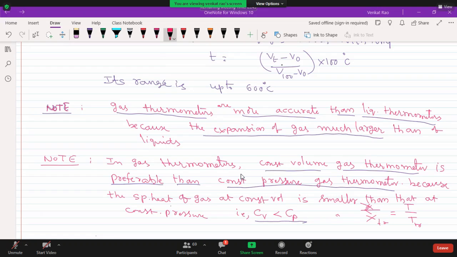Two absolute scales A and B. You have triple points of water defined to be 200A and 300B.